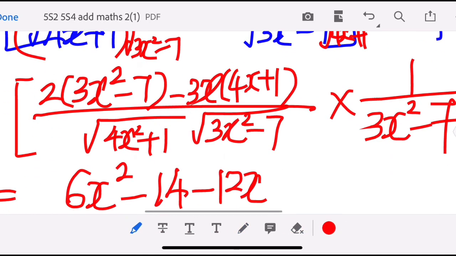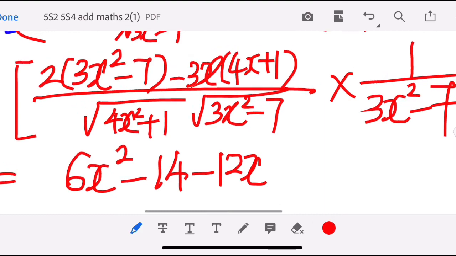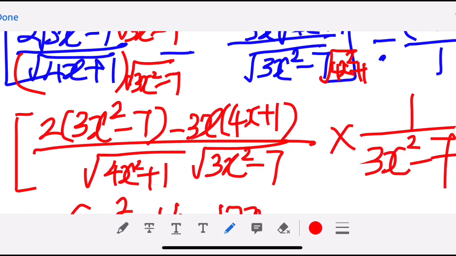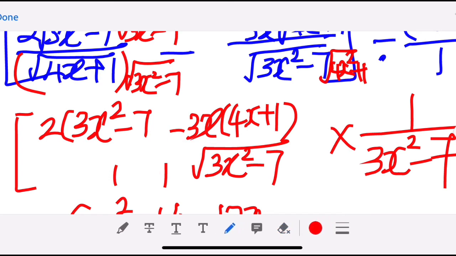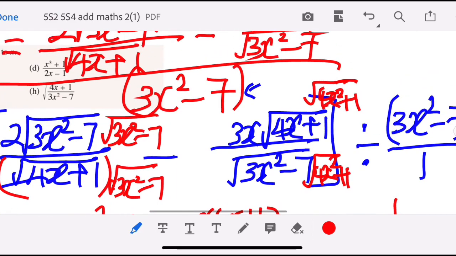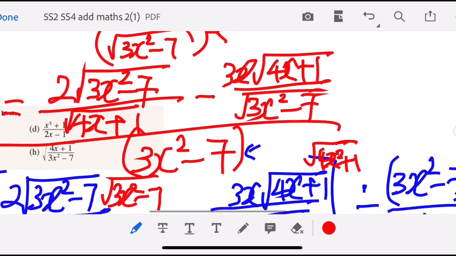Looks okay. We have 4x plus 1 only, no square, right? Double check. Let's write again: the square root of 4x plus 1. Looks okay. Everything looks okay.